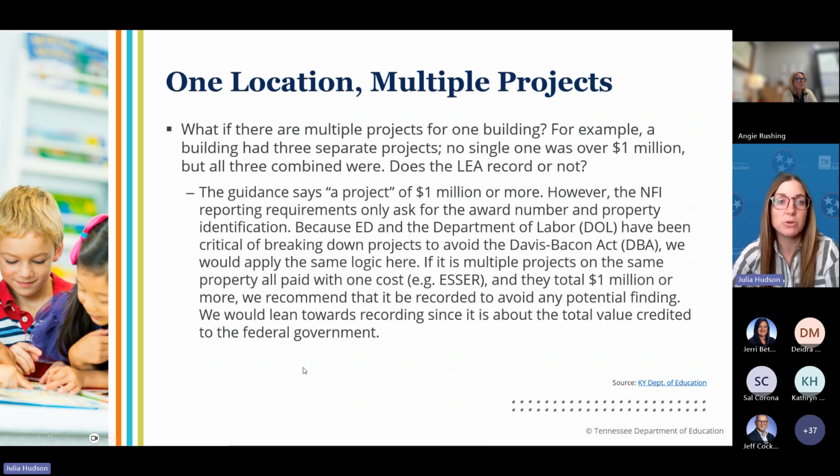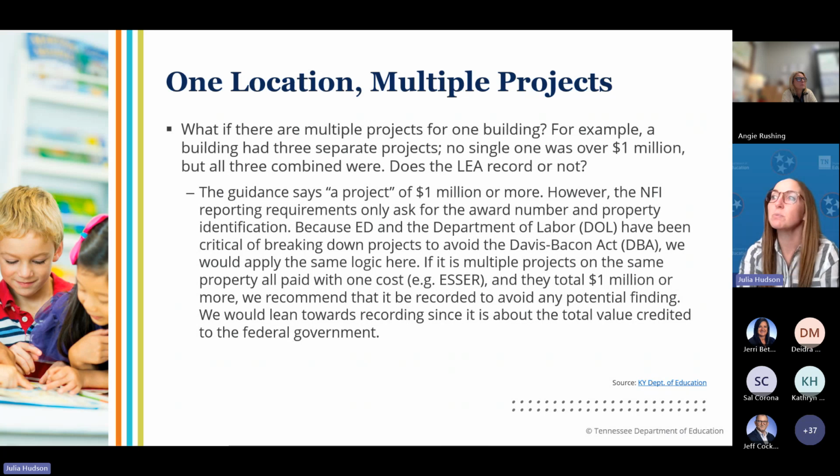So we reached out to Brewman to get some further clarification on some of these requirements. And because Ed and the Department of Labor have been critical about breaking projects down in order to avoid that Davis-Bacon requirement, we would apply that same logic here.